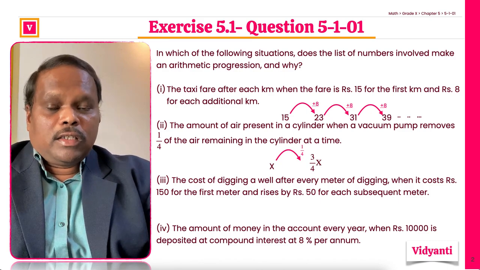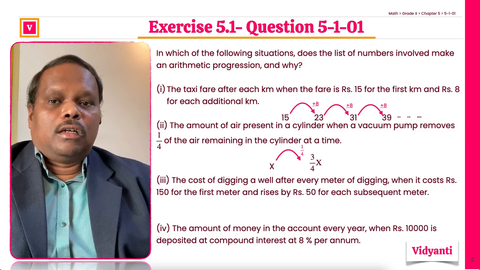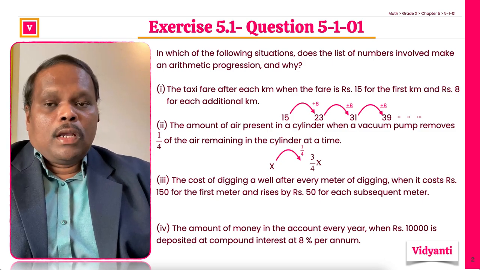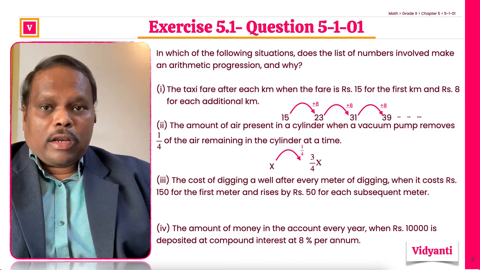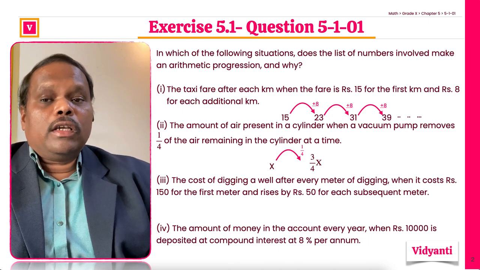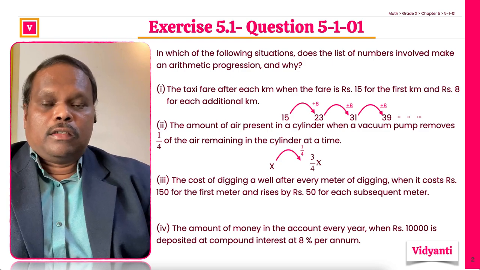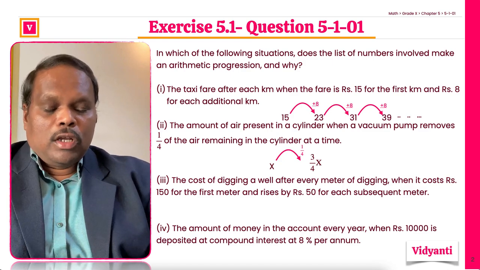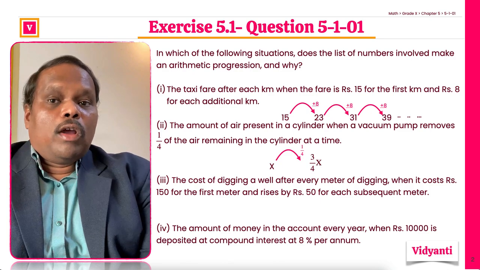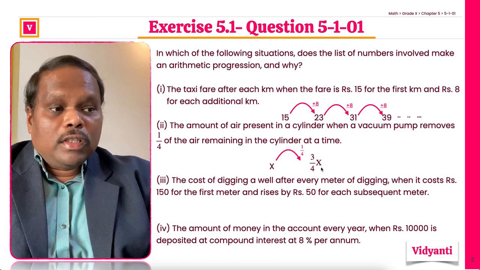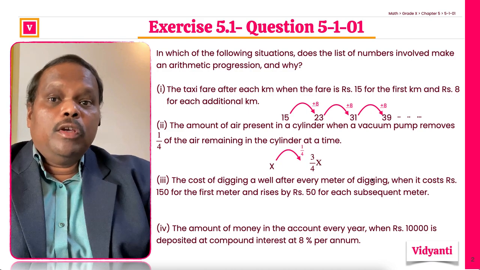Now, this is where the difference actually begins. The air removed is 1/4. The air retained or kept is 3/4 of the existing instantaneous amount, not the original amount. So if you continue this operation of the vacuum pump, 1/4 of this 3/4 x will be removed.